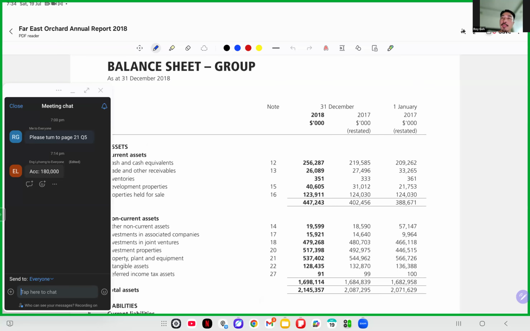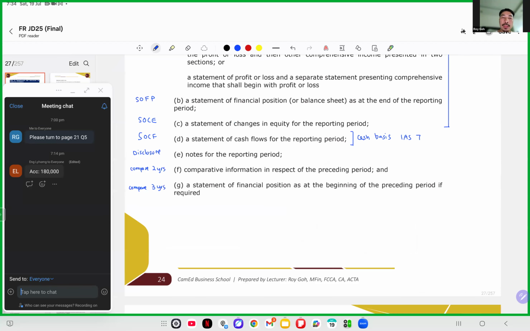The opening of 2017. This is called the opening balances, as well as 2 years to compare. So 2 years plus an opening. Maybe I can update the materials to say it is actually 2 years plus an opening balance.